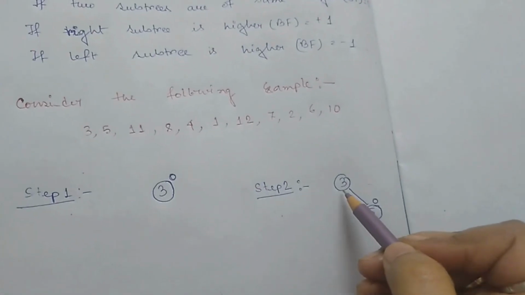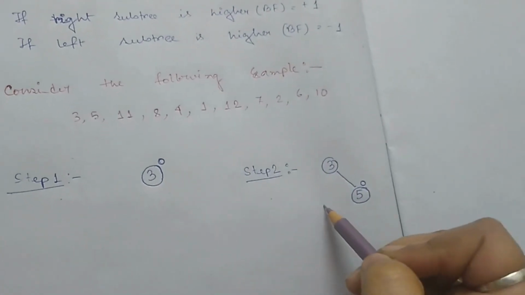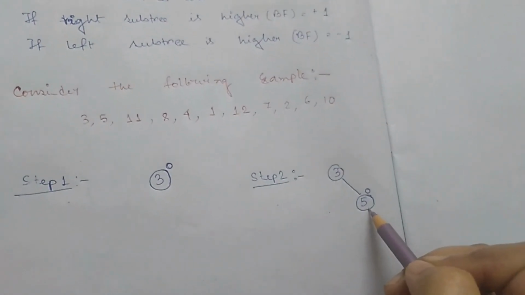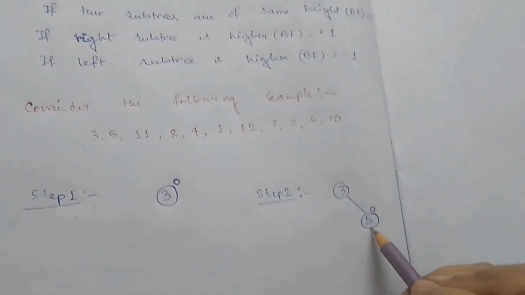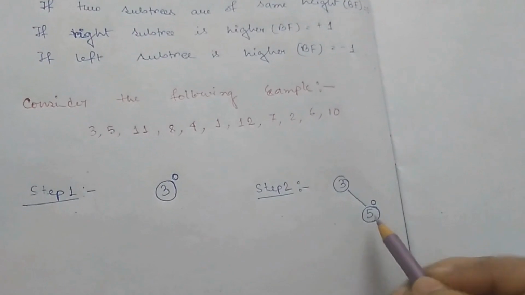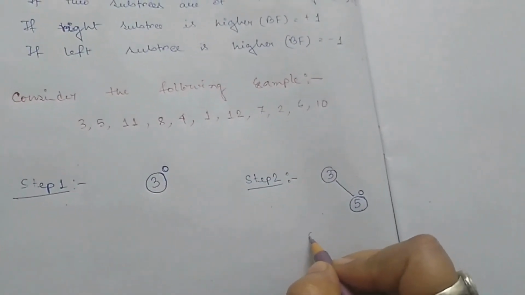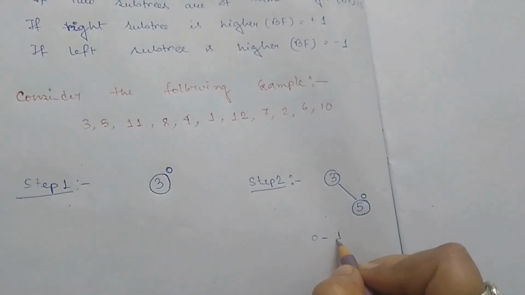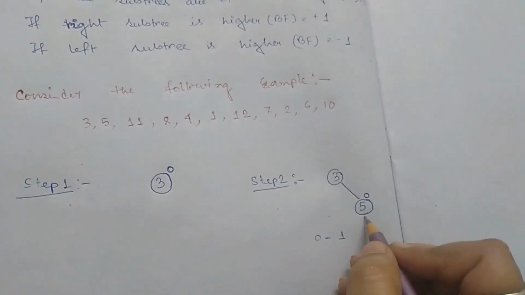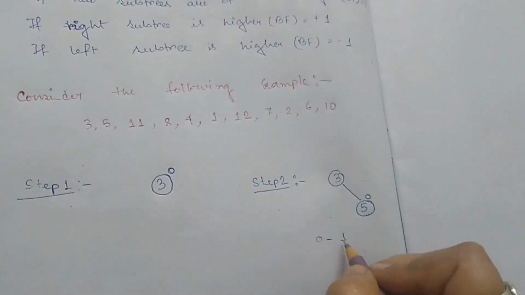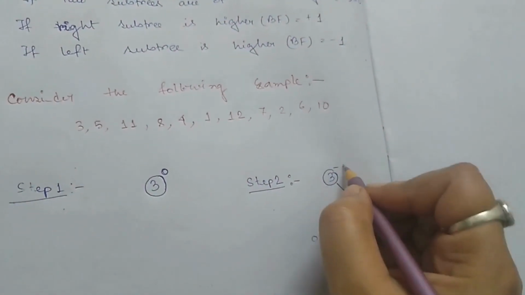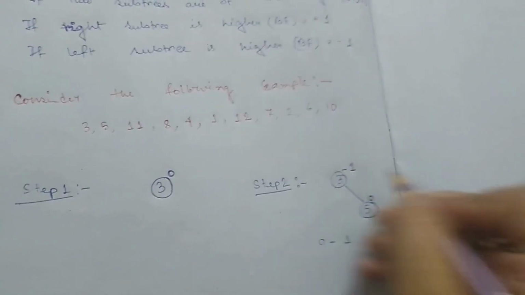So here the height of the left subtree is 0, that means 0 minus 1, where 1 is because the right subtree is there. For that reason, left subtree value 0 minus right subtree value 1. Here 1 node occurs, for that reason 1. 0 minus 1, the value is minus 1. Okay.